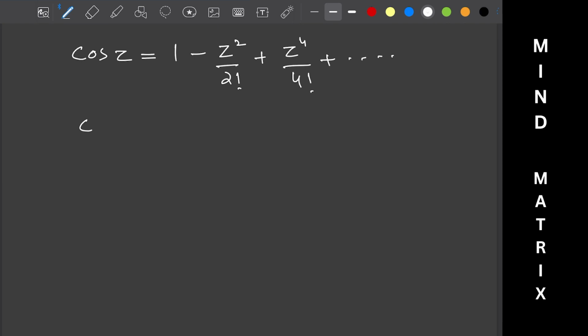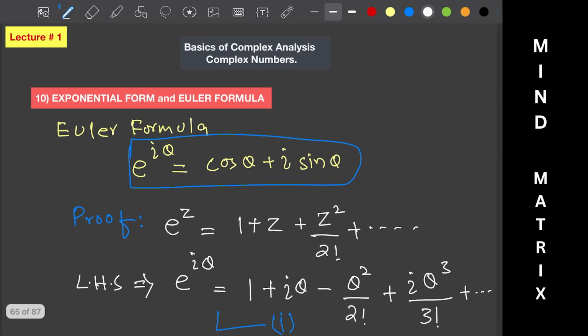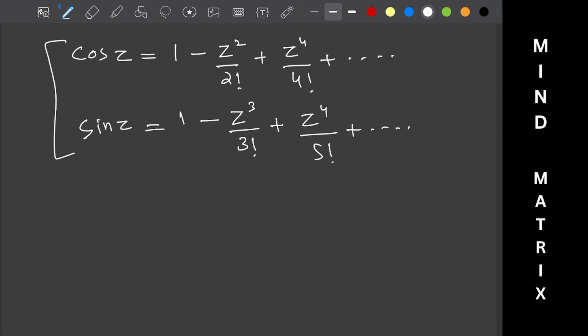And similarly we have sin z equals z minus z cube over 3 factorial plus z power 5 over 5 factorial plus so on, and these results we calculated are from Taylor's series. So let's consider the right hand side, which equals cos theta plus iota sin theta.